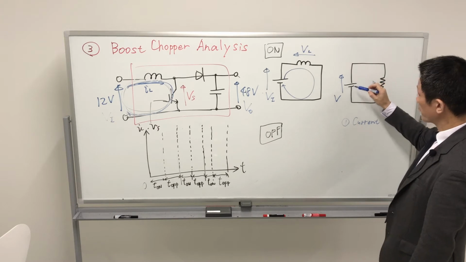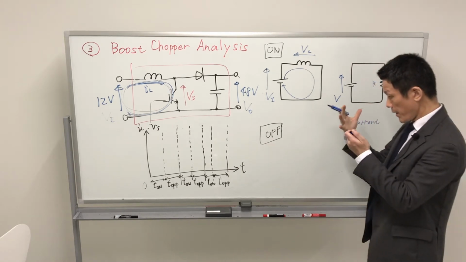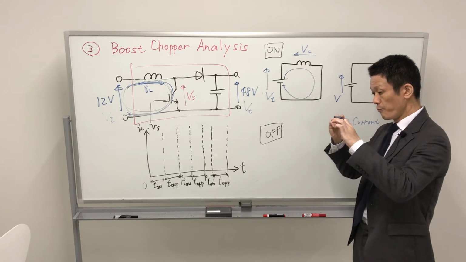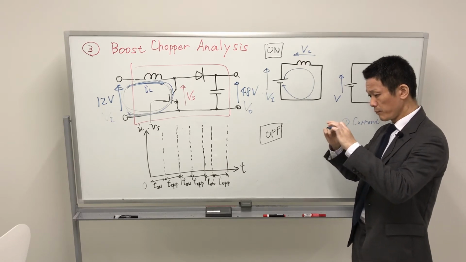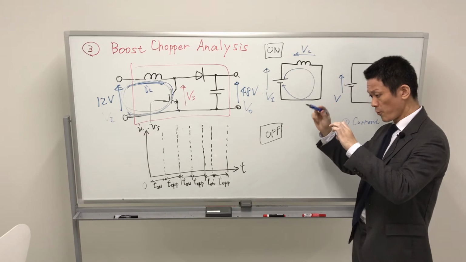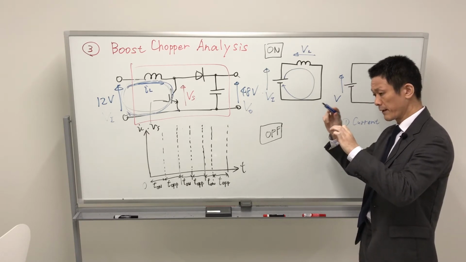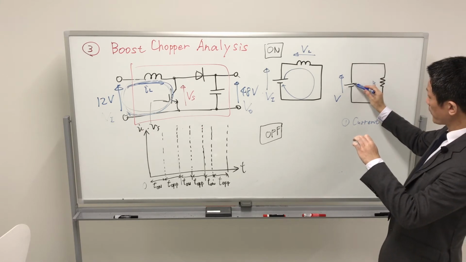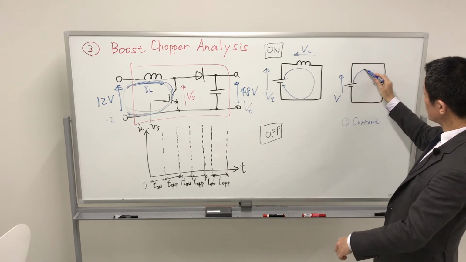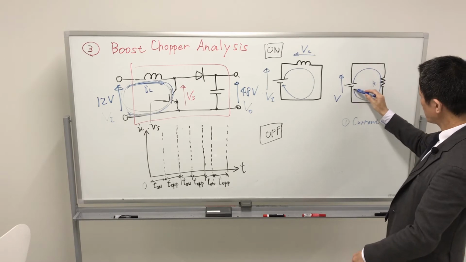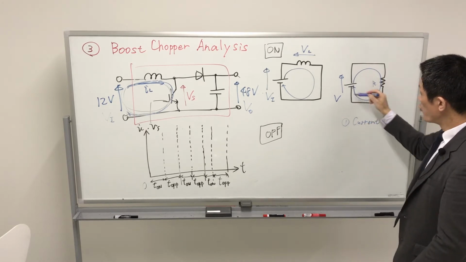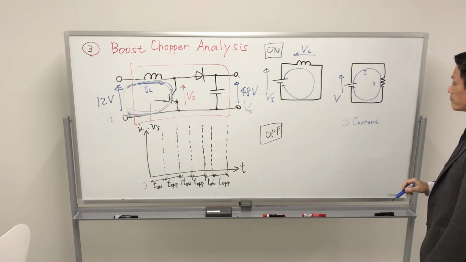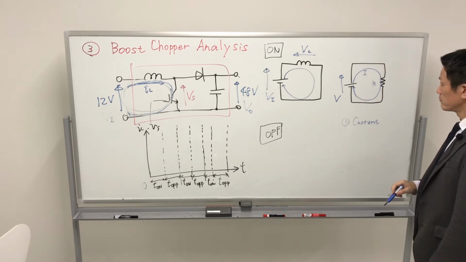For all electric circuits, we must draw the current like a loop, okay? From the battery's plus side terminal to the minus side, a loop. This one is I.